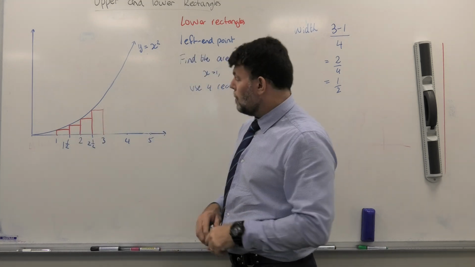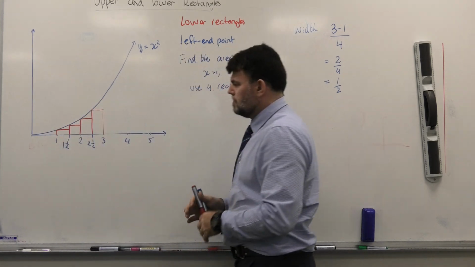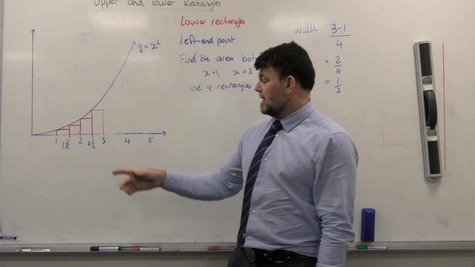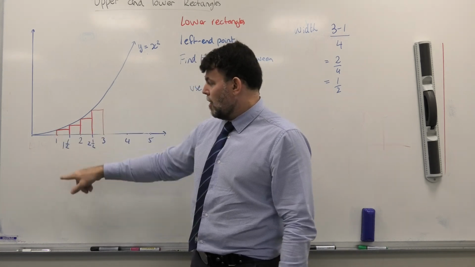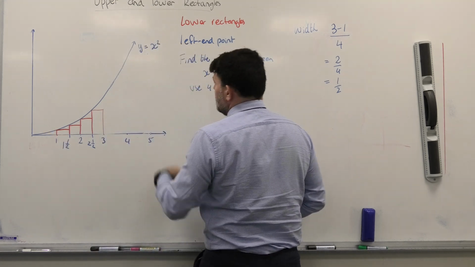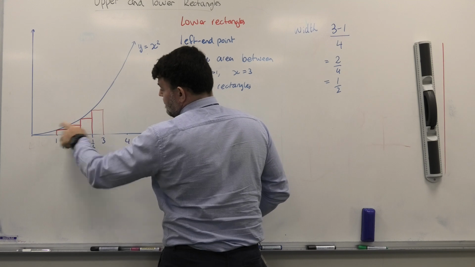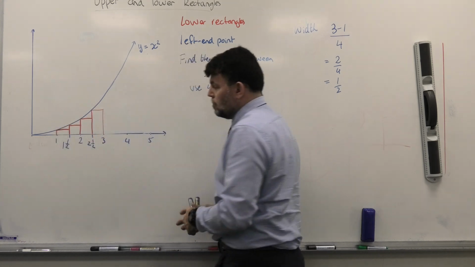Now we've done that, we want to work out what that area is going to be. Generally, area of a rectangle is the width times how high it is. I don't know how high this is, but I do know that y is equal to x cubed, so if I plug 1 into this equation, I should get the y coordinate.